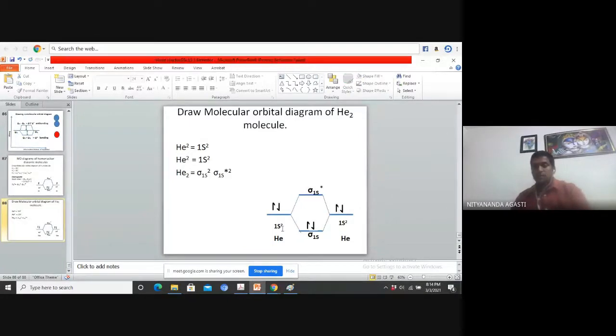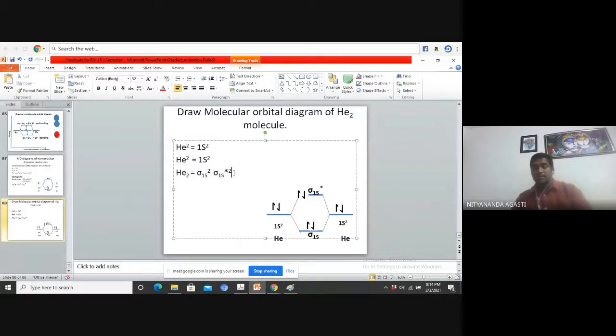We have 4 electrons in total. So 2 are here as per the Aufbau principle and 2 will be there. Yes, that's the electronic configuration. That's how you're arranging. Right? So then the same things you can do.